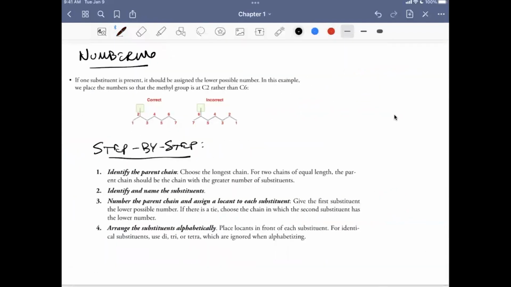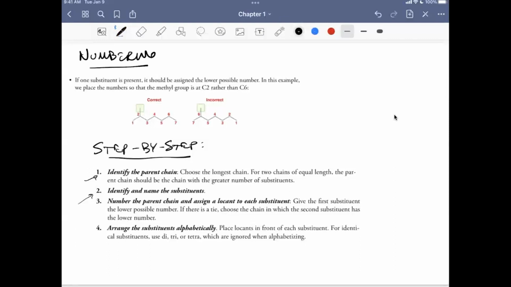Going on to numbering, I have a step-by-step guide right here on numbering. And we already did some of this, right? We already identified the parent chain. We already identified and named the substituents. We numbered the parent chain.